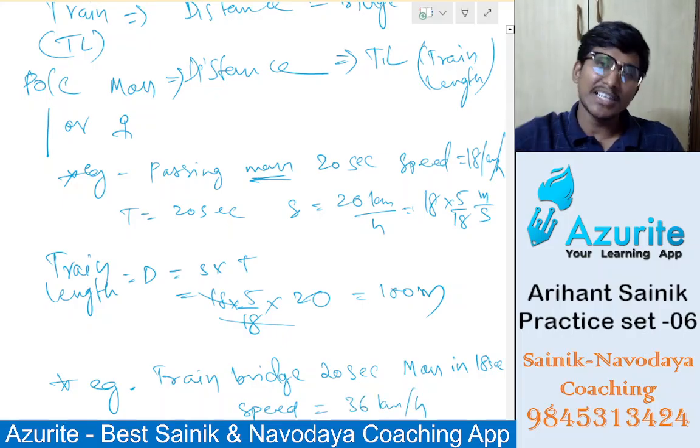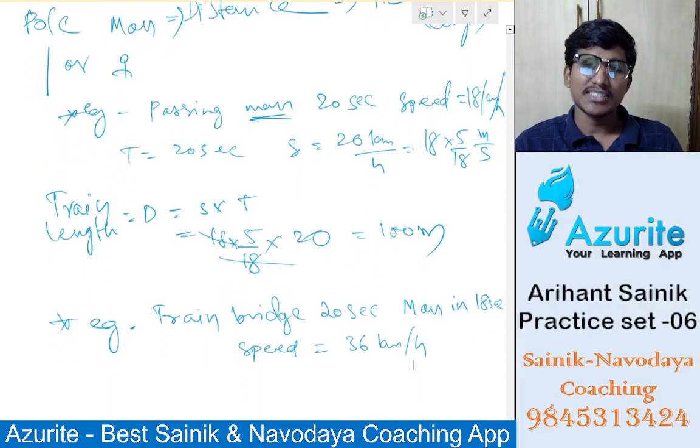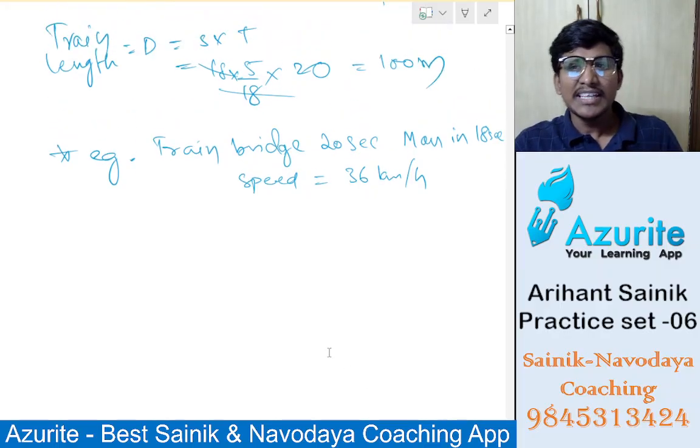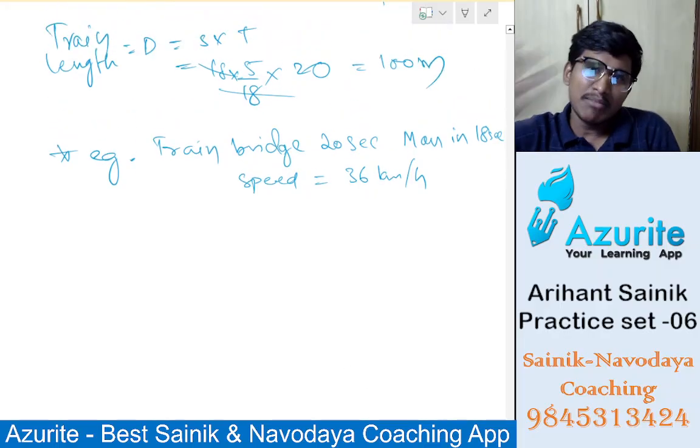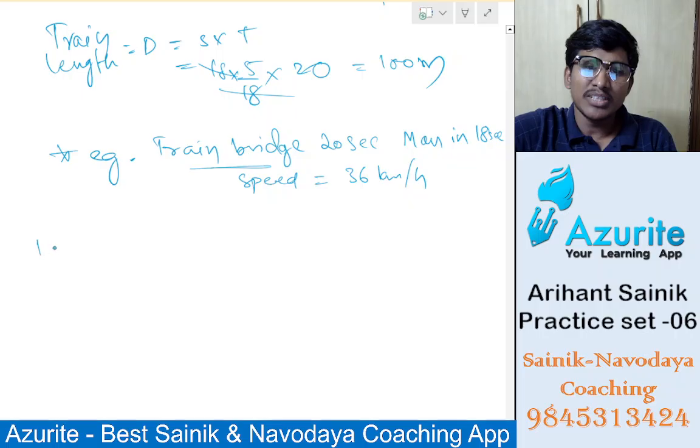What will be the train length? They will ask. The train length will be the same in both cases, as it is the same train going. So here, the distance it has to cross in the first case, the bridge: when it is a bridge, what will the distance be?